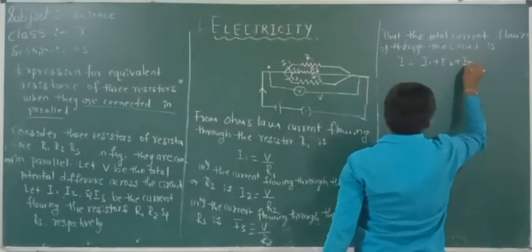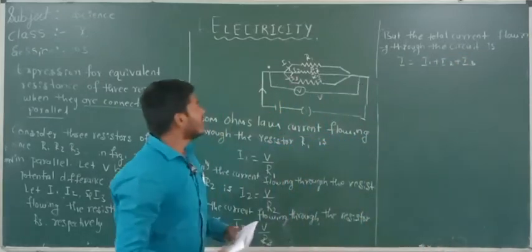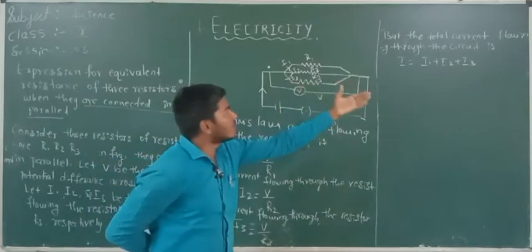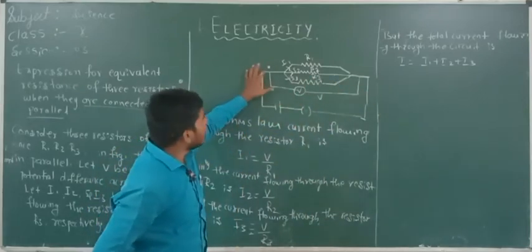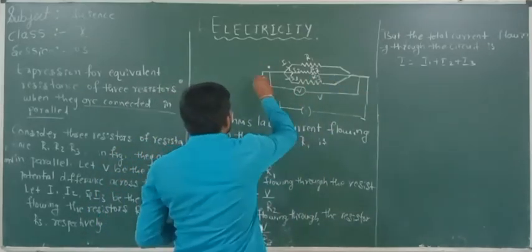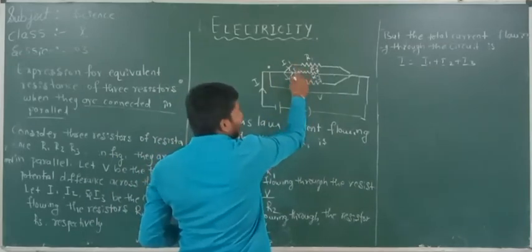I is the total current flowing through the circuit, that is I is equal to I1 plus I2 plus I3.